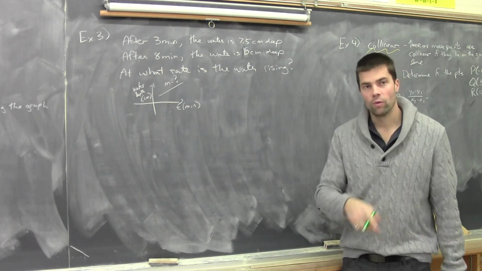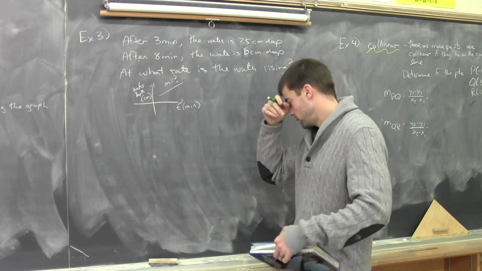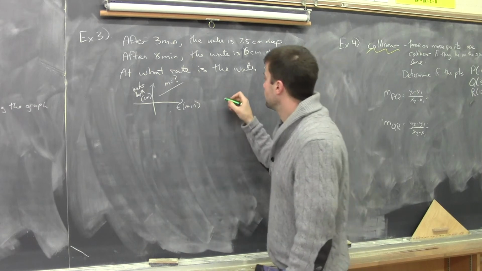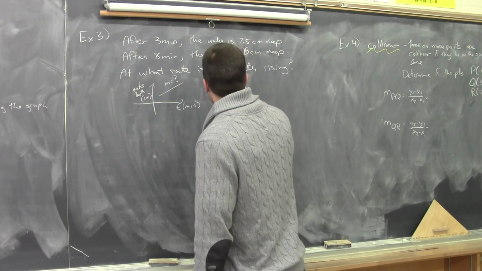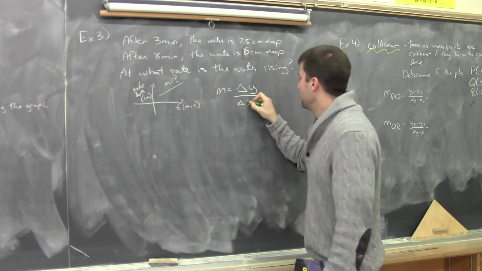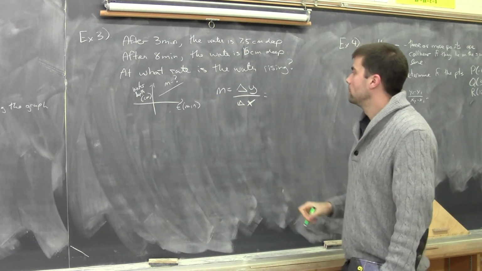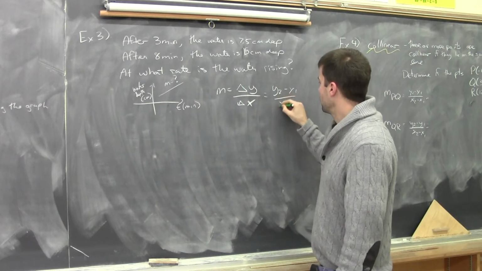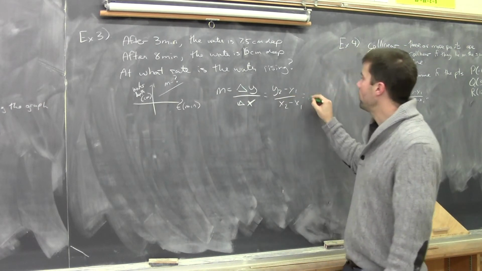So Michael, what's the equation for a slope? Delta y over delta x. Okay, one way to say it, which is y2 take away y1 over x2 take away x1.